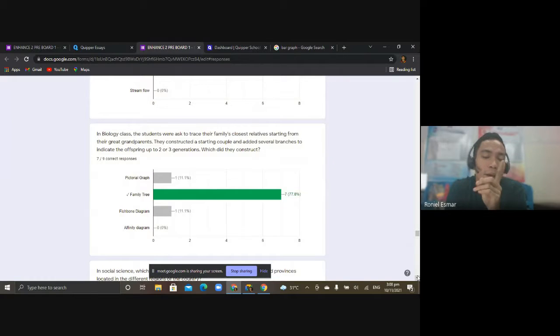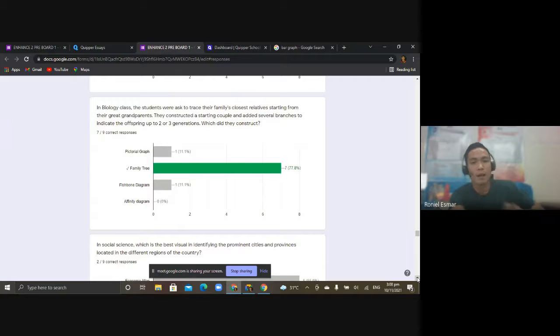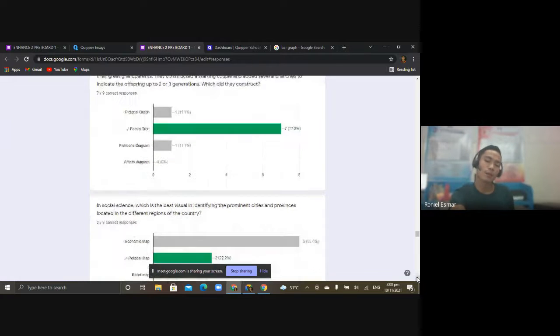From the great-grandparents, kinsa ilang anak, na din ito i-connect sa mga anak pag isa mong great-grandparents, kinsa na po ilang mga offspring, mga connect-connect na din ba in many generations until sa imuha. So, that's why we make use of a family tree to trace our relatives.